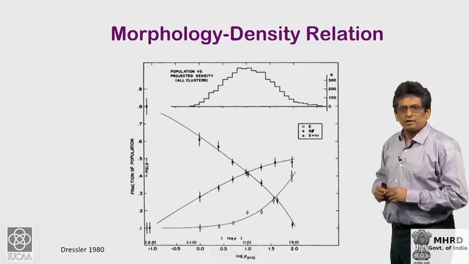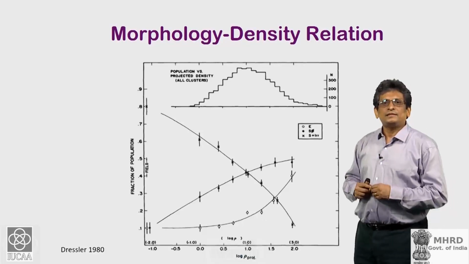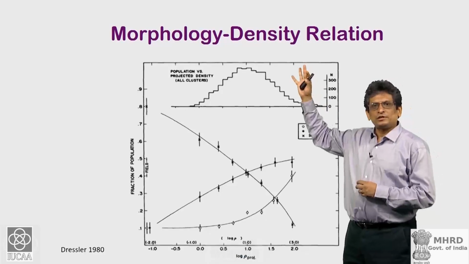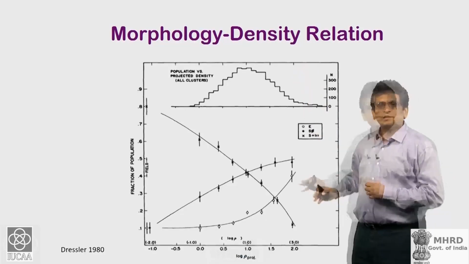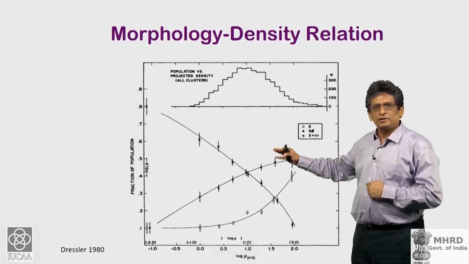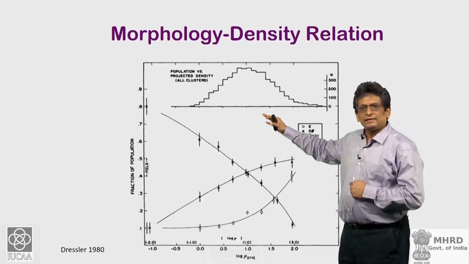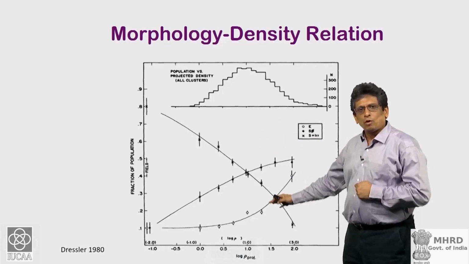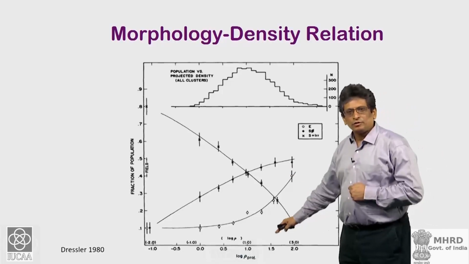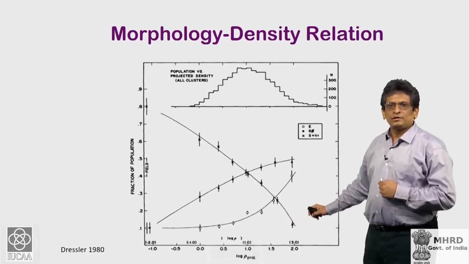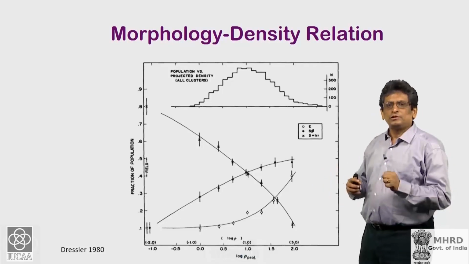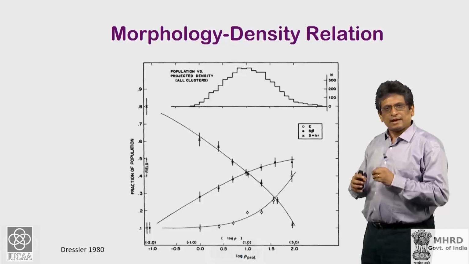This was first shown by Dressler in the 1980s in a very famous paper, which is known as the morphology density relation, in which he plotted the frequency of these galaxies that are found in different environments as a plot which shows on the y-axis the relative frequency of these galaxies, and on the x-axis it shows the density, the local density of galaxies around the particular galaxy.